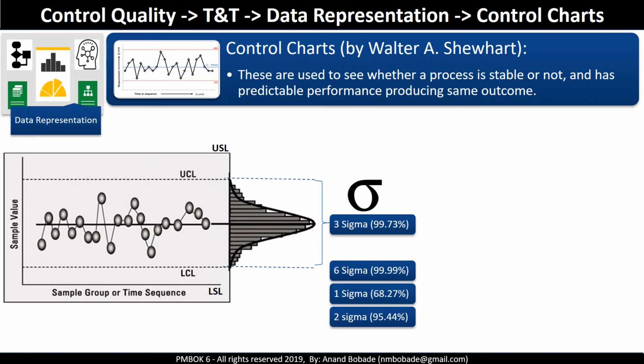The accuracy percentages for 1 and 2 sigma are 68.27% and 95.44% respectively. Some of these numbers will be important for a calculation.